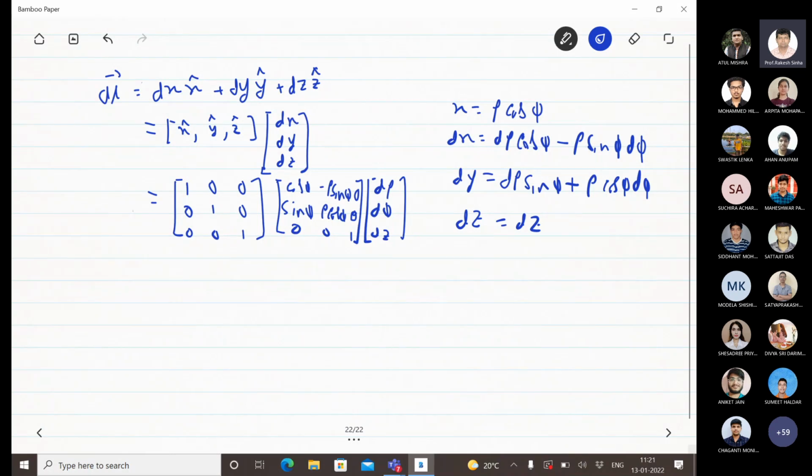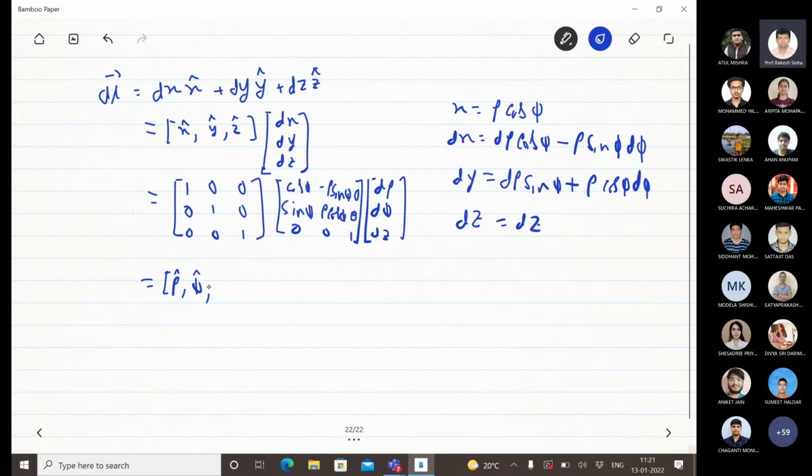Okay, so now to convert this into the cylindrical system. This is in the Cartesian system, so we convert it into the cylindrical system. What will you do? We'll use the property that this x can be written as the rho vector, phi vector, and z vector.